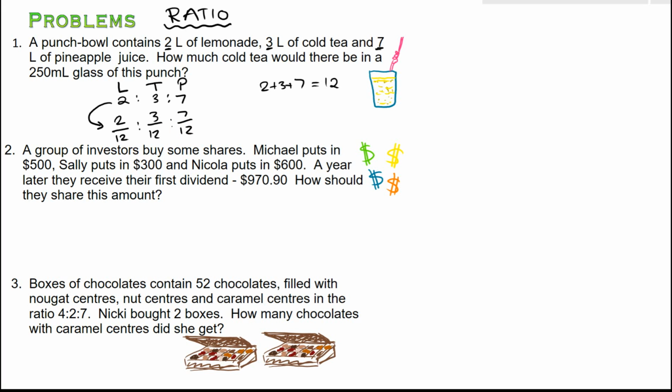So it's asking how much tea would there be in 250 mils. So what we're trying to work out is how much tea is in that glass. So we're going to use 3/12 because we know that 3/12 will consist of cold tea. So 3/12 times 250 mils, and that'll give us the number of mils there are in that glass of tea.